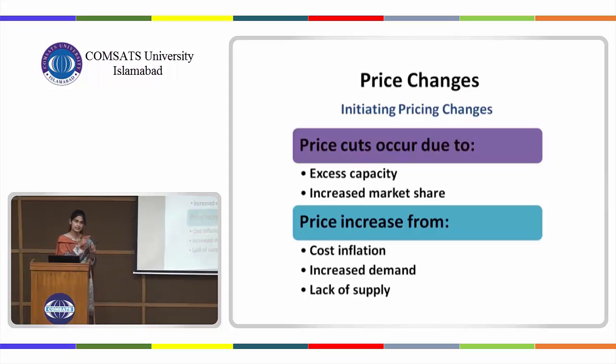That's exactly what happens in Ramzan. There's a lot of demand for fruit. Fruit gets expensive, right? So that is demand pull inflation. So that is what happens in price changes. Price cuts occur due to excess capacity and increased market share, and price increases from cost inflation, increased demand, and the lack of supply.